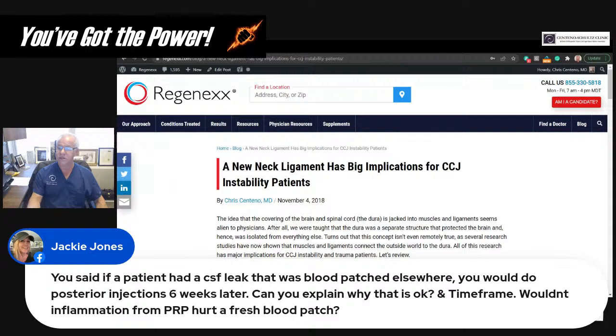So the first thing to understand is that blood patching is not a science but an art. And what I mean by that is that you first have to know where the CSF is leaking from. So let's back up a little bit and make sure everyone understands what we're talking about. You've got cerebrospinal fluid that lives in your dura, and that's like a water column in your spine.